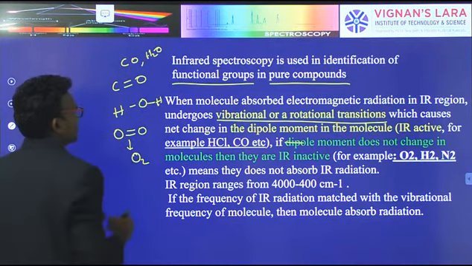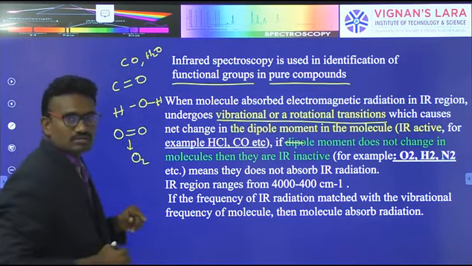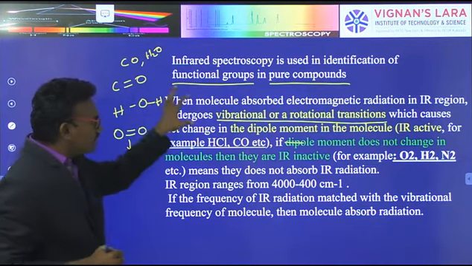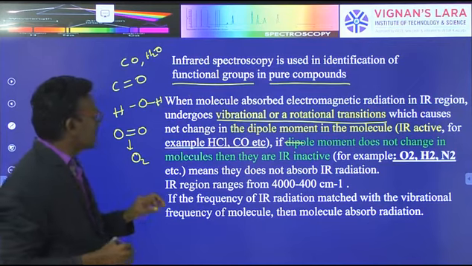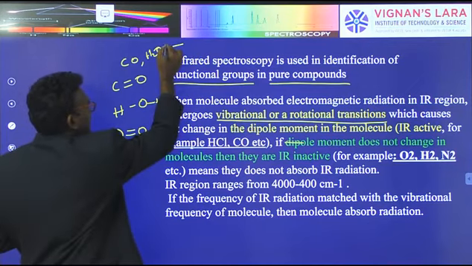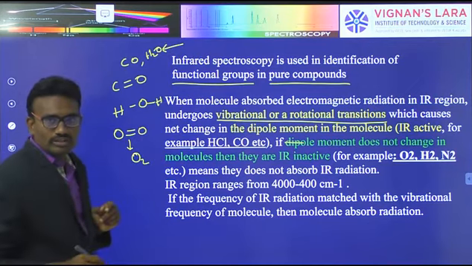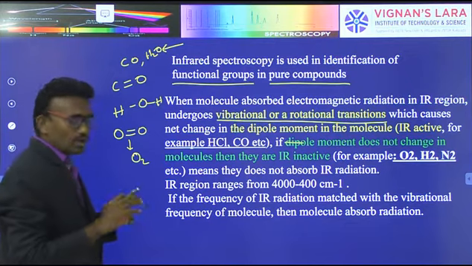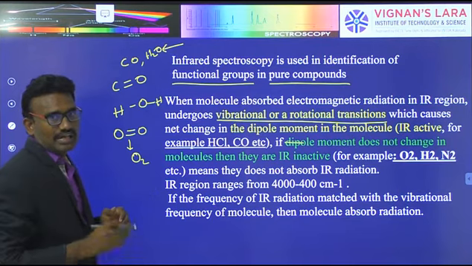Different atoms present can be easily found by the IR region, because when IR light is passed through heteromolecules, the heteromolecules are vibrated and rotated by the light.